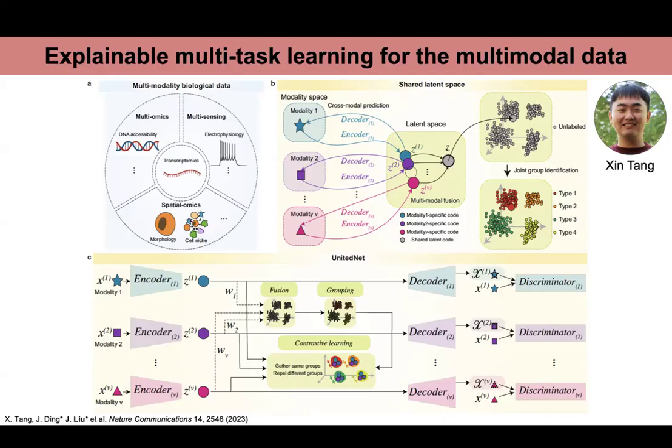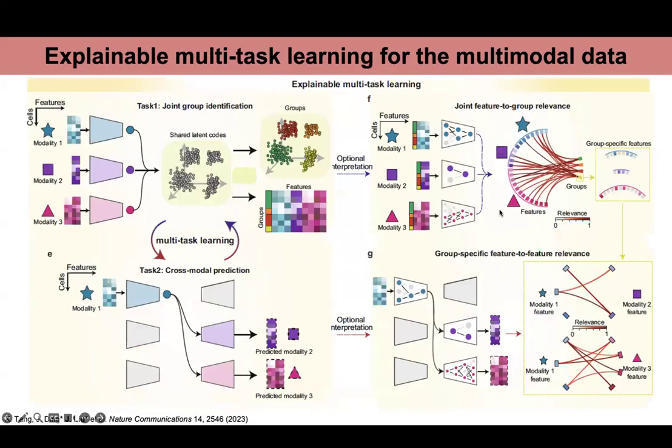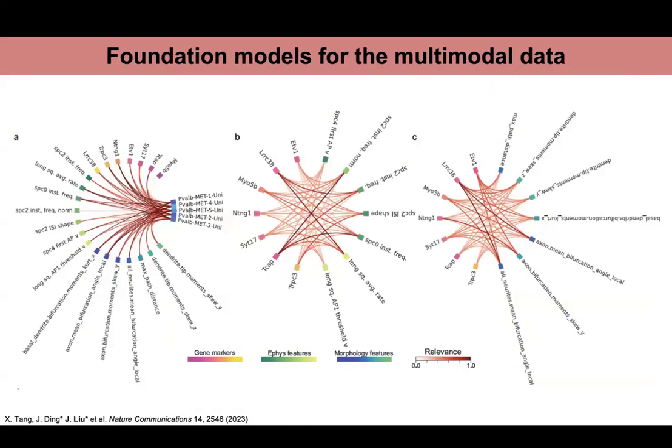After this training, we can use another network to directly interpret the pre-trained network by perturbing the connections of the artificial neurons. In just one step, it can tell us, within a specific type of cell, the correlation between different gene expression markers and the electrophysiology features or even different morphology.